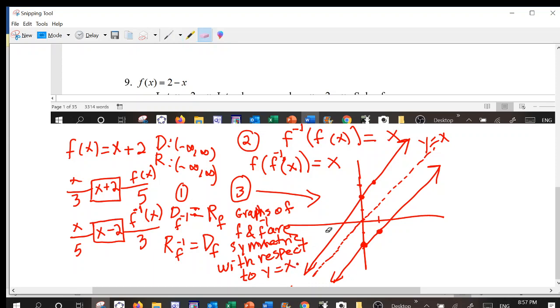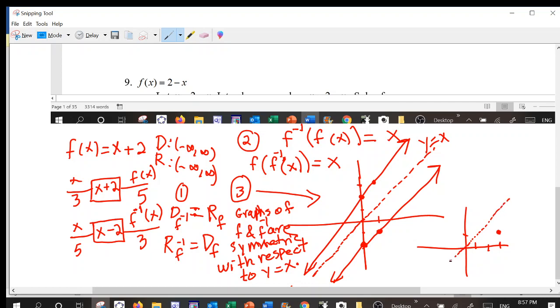Okay? And it shouldn't be surprising either, because remember, let's say this is 3 and 1, right? And here is the line y equals x, right?